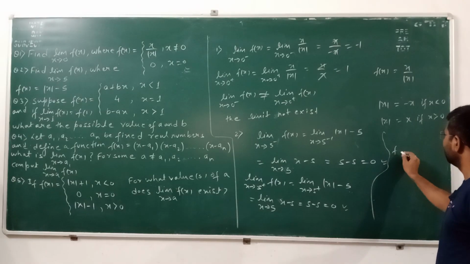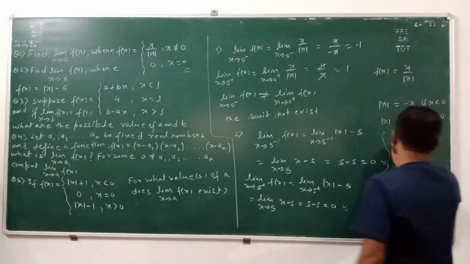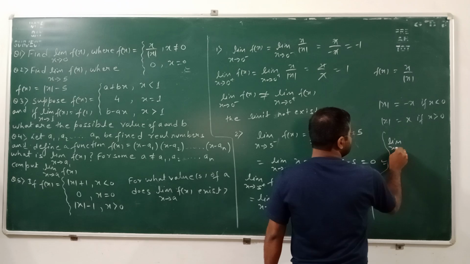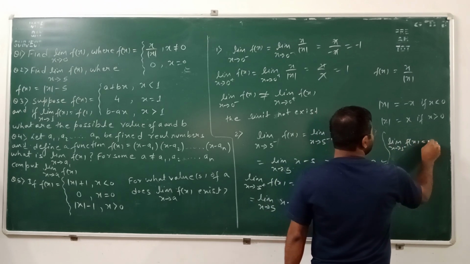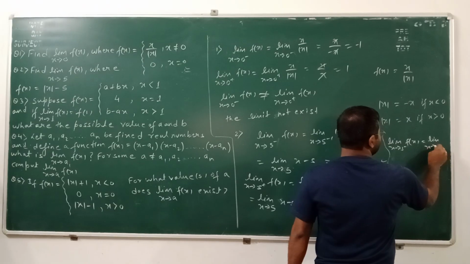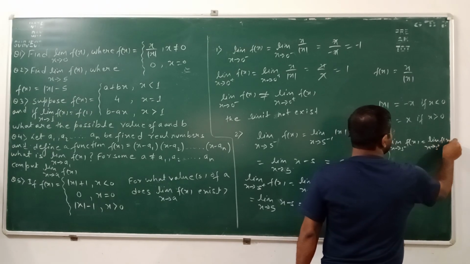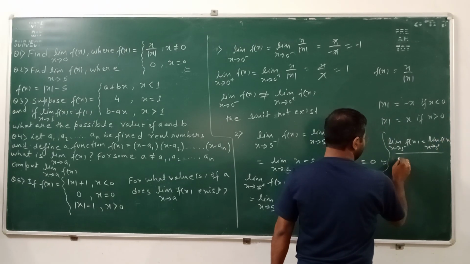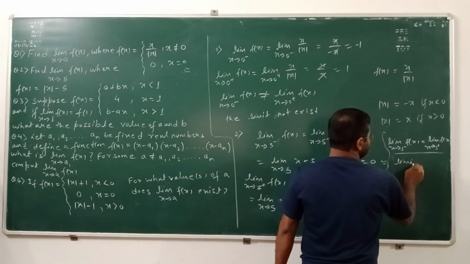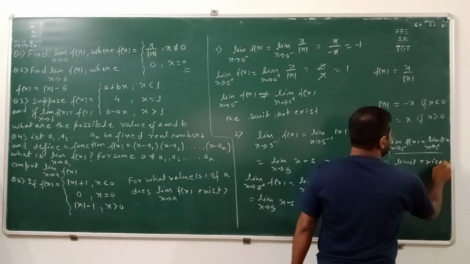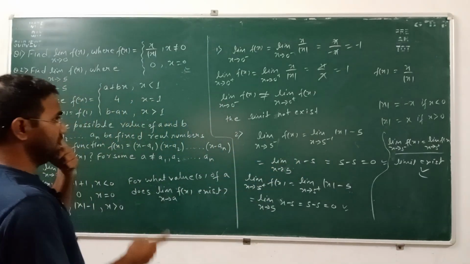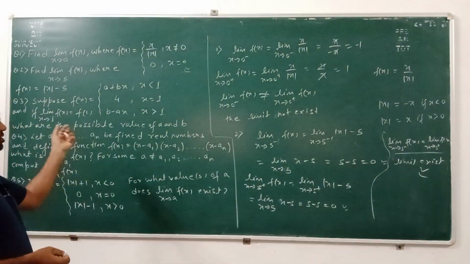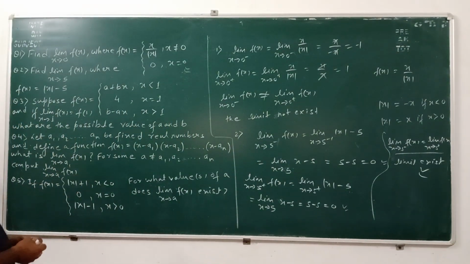It means limit x tends to 5 negative f(x) is equal to limit x tends to 5 positive f(x). Both are equal, then here the limit exists. In the first it does not exist, in this it exists. So see here how we will find the answer of this question, how you will write the solution of this question.